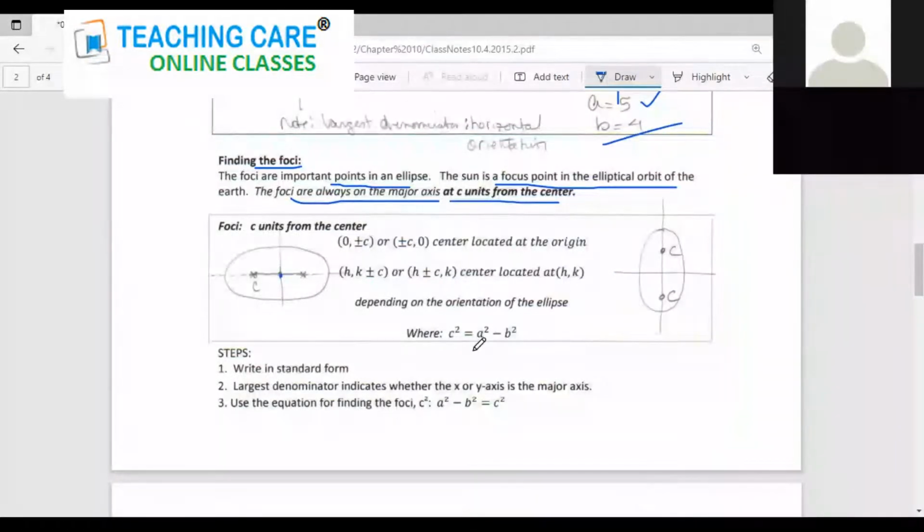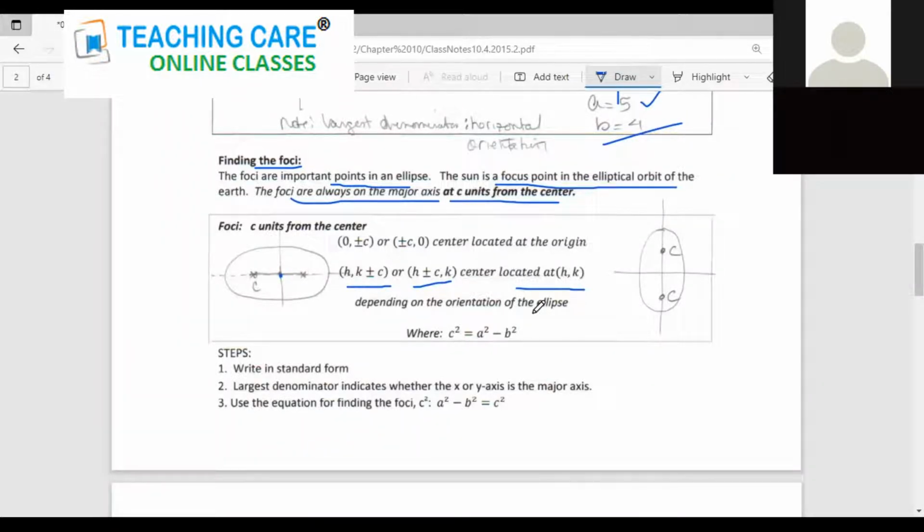Your foci are 0, comma, plus or minus C, or plus or minus C, comma 0, if the center is located at the origin. If the center is at H, K, it is H, K plus or minus C, or H plus or minus C, comma K. This depends upon the orientation, where C squared is A squared minus B squared.